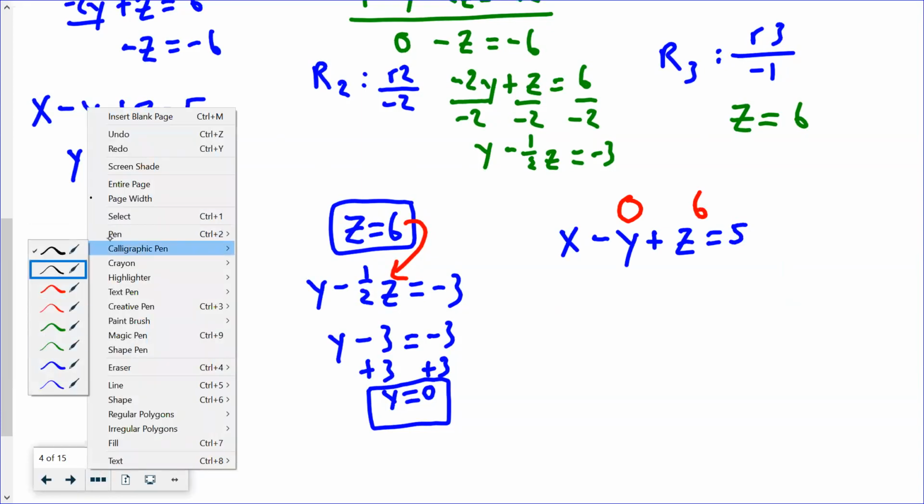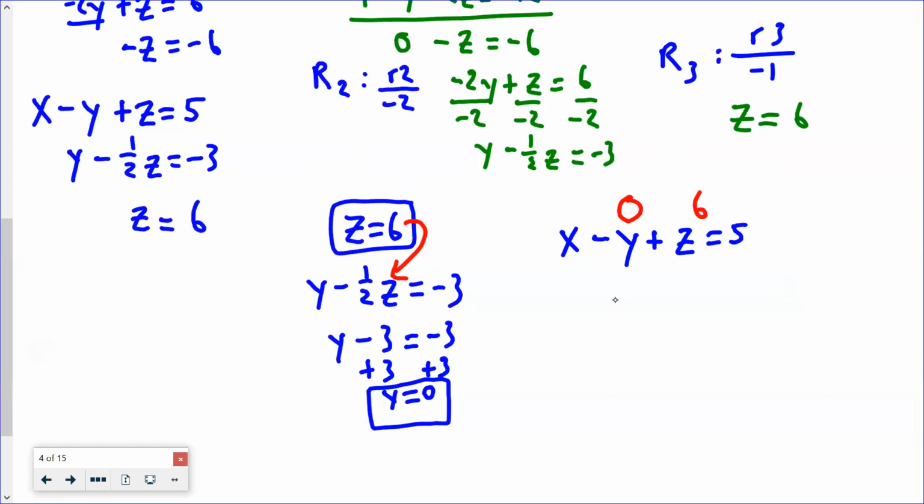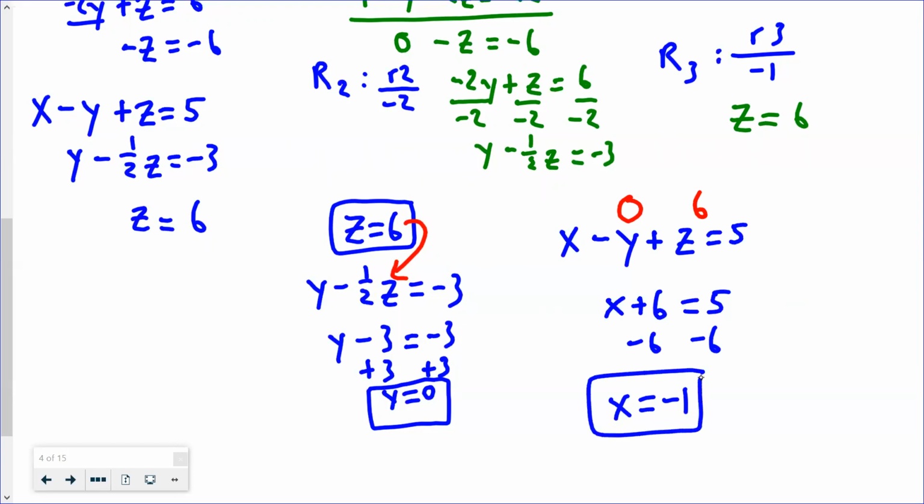And then I can solve for x. I get x plus 6 is equal to 5. And when I subtract that 6, I get x is equal to -1. So my solution to this system of equations is -1, 0, 6.